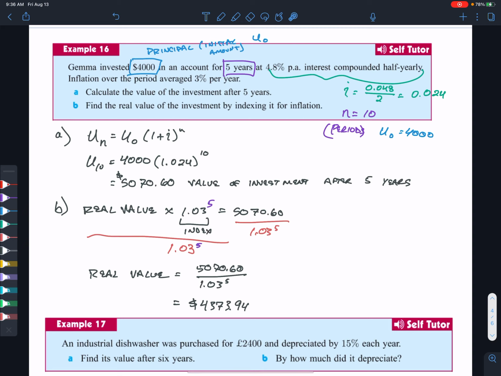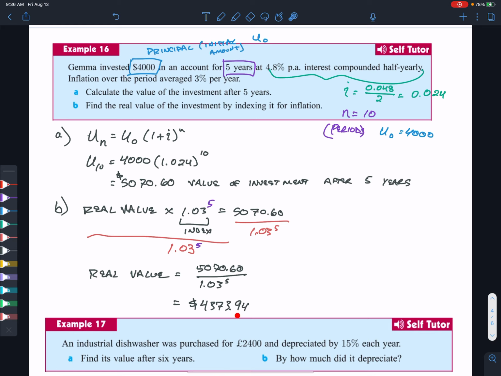I can't really think about what my money is going to be worth in the future, so I need to think about what it's worth right now. This is what I'm going to get, but if I've got an inflation rate of 3%, then what is this worth today?